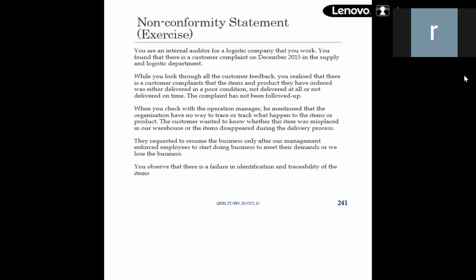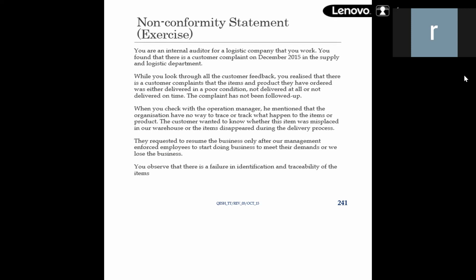Okay, non-conformity statement exercise. You are an internal auditor for a logistics company. You found that there is a customer complaint on December 15th for the supply logistics department.